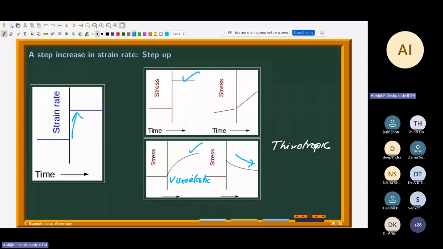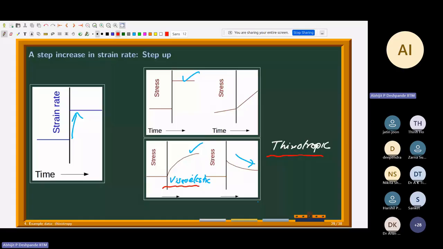So you can see that if you do this step up, step down experiment, you might be able to see the features of viscoelasticity as well as the features of thixotropy. If you see an increase, then becoming constant, that is viscoelasticity. If you see a decrease, then becoming constant, then it's thixotropy.